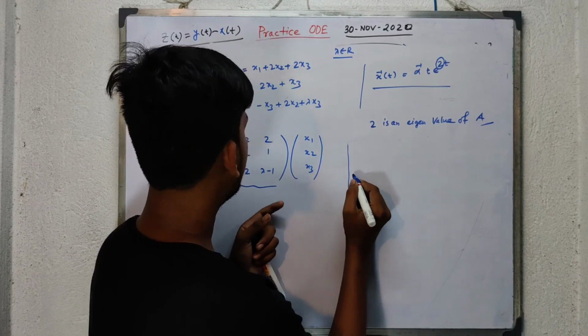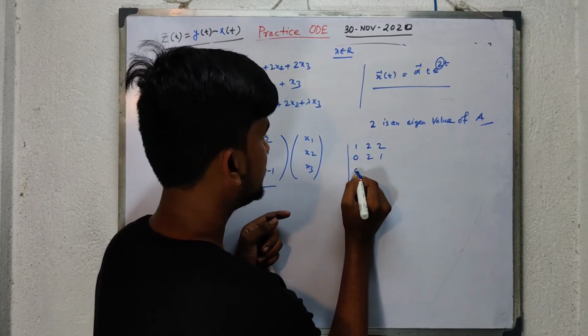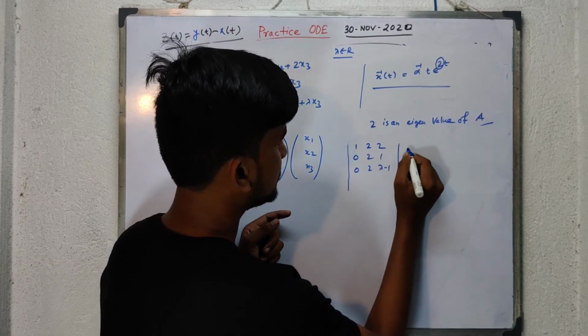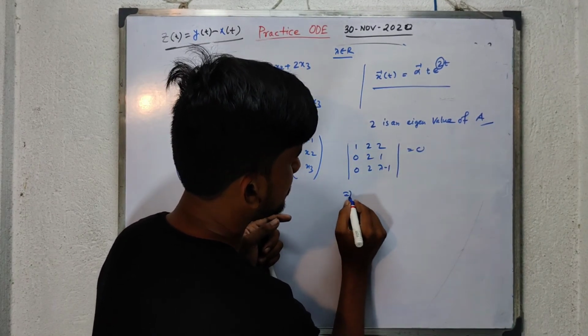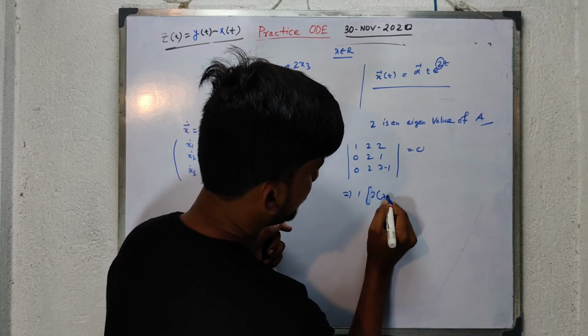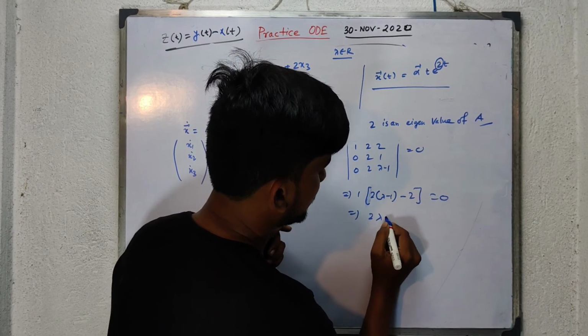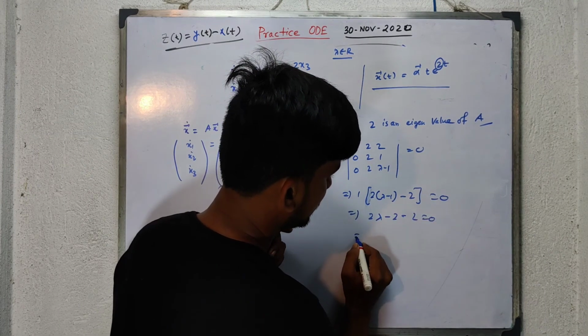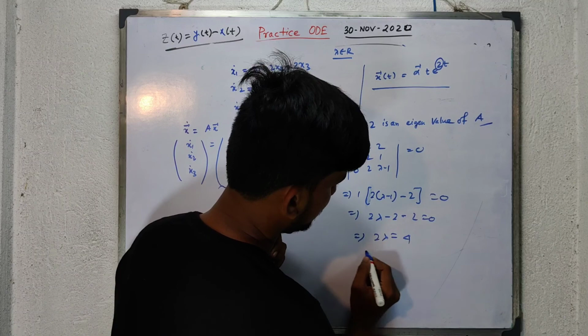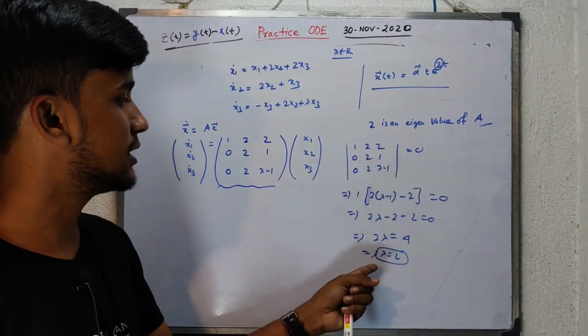So if we calculate the determinant of 1 minus 2, 2, 2; 0, 2 minus 2, 1; and 0, 2, lambda minus 1 minus 2 is equal to 0, then we get 2 lambda minus 2 equal to 0. That means 2 lambda equal to 4, that means lambda equal to 2. So the value of lambda is equal to 2.